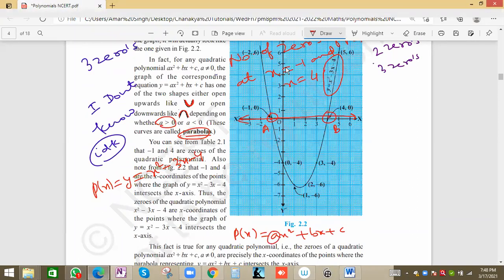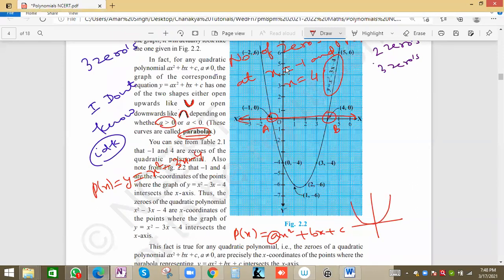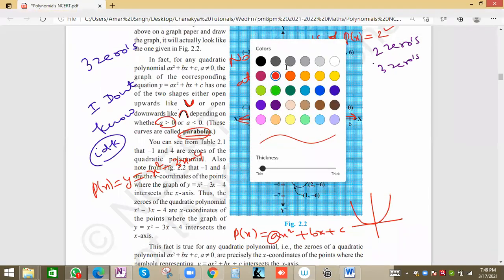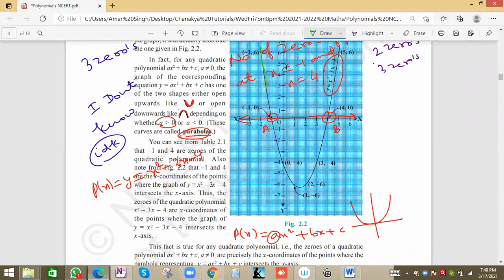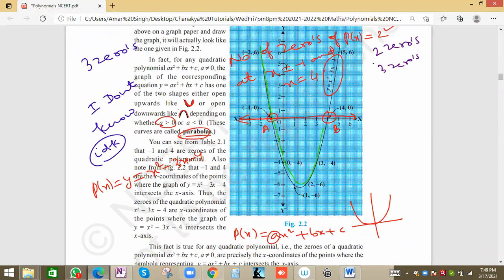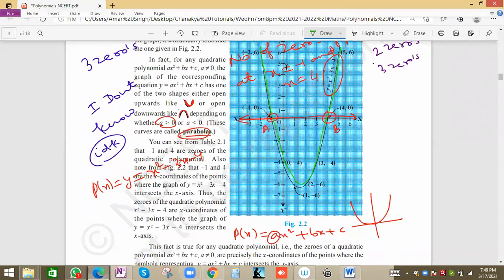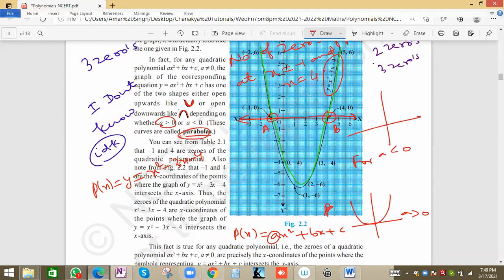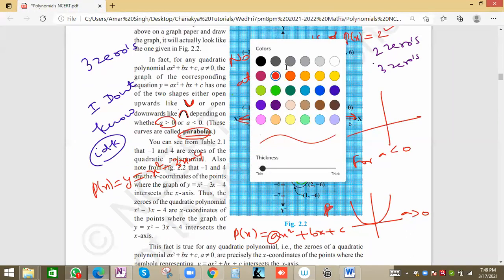So a is positive, the first term is positive, then the graph will open upward. You can see in this graph also, it's opening upward, that means a is positive. Suppose in case a is negative, so for a less than 0, the graph will open in the downward direction.